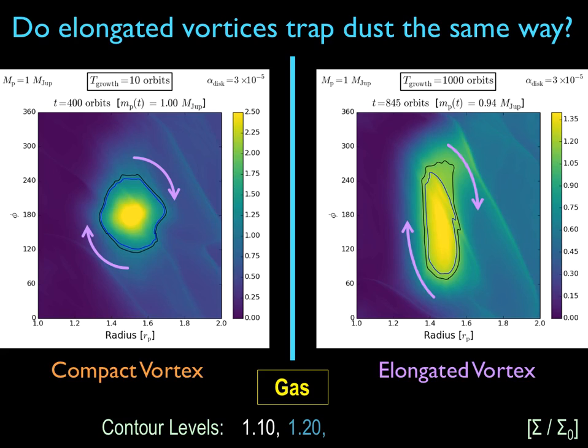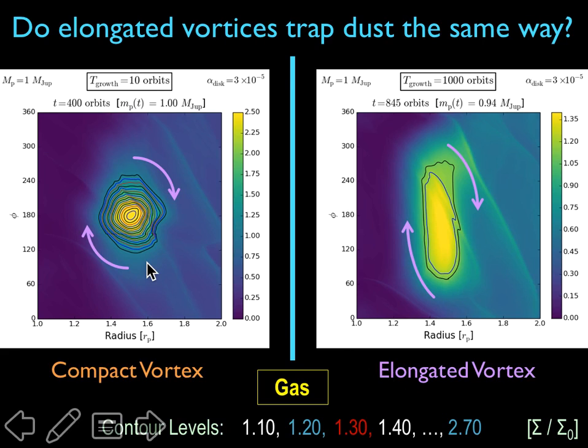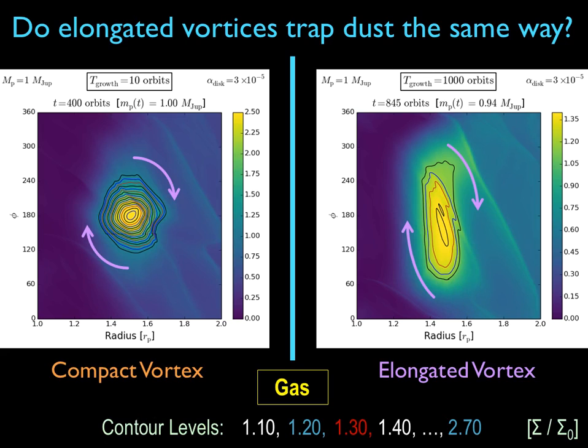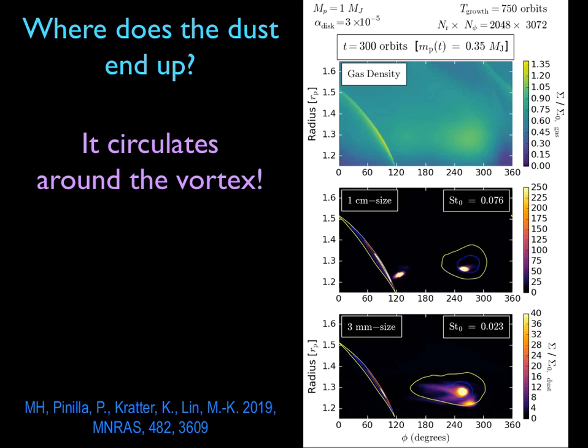If I add contours to both vortices, you'll see that the compact vortex has nice elliptical contours and a very smooth pressure bump, while the elongated vortex does not. As a result, once the vortex collects dust, that dust has no reason to spiral inward to the center like it does in a normal vortex. So what happens instead?